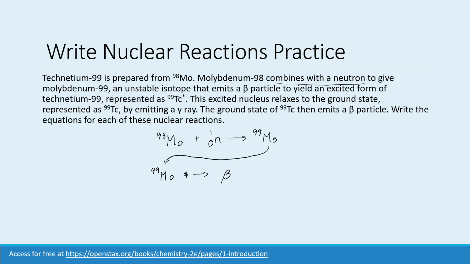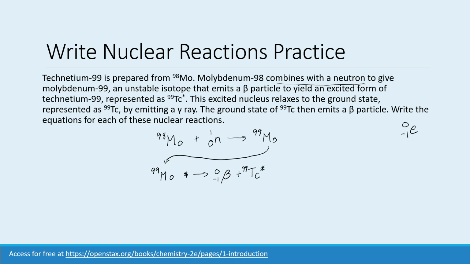And remember, we could represent that as a beta symbol, or we could represent it as an e. It's got a -1 and a 0. Either one of those would work to yield an excited form of technetium-99. When we have an excited form, the way that we represent that is with an asterisk, a star in the top right-hand corner.